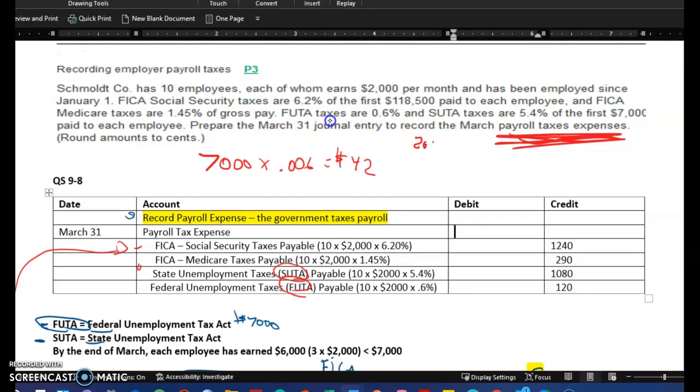They said each one of them makes $2,000 times 10 is $20,000. And then you just take the 20,000 and multiply that times 0.062, and you get 1,240. Which is what they did here. Times 6.2% is 1,240. 10 times 2,000 times 1.45% is 290.